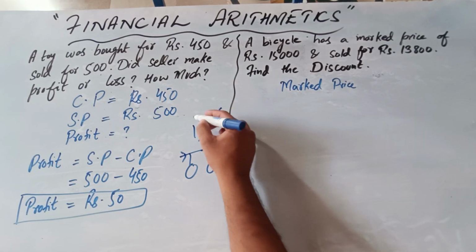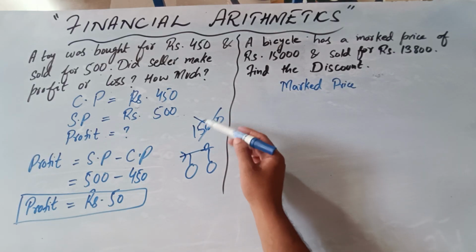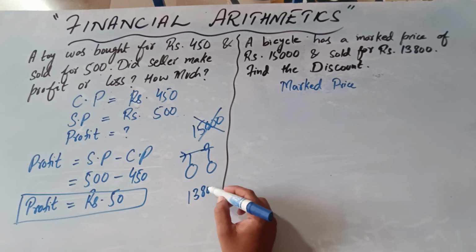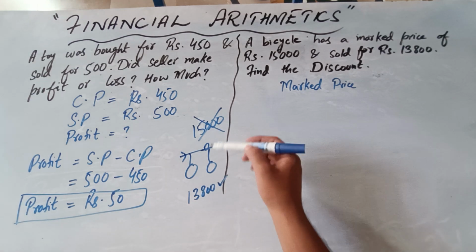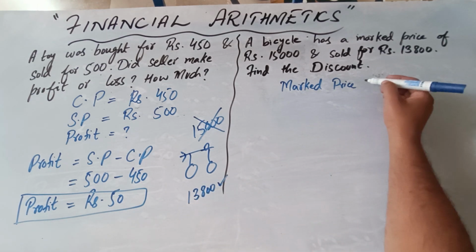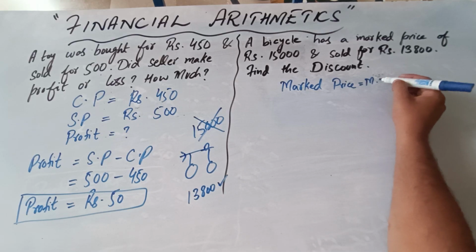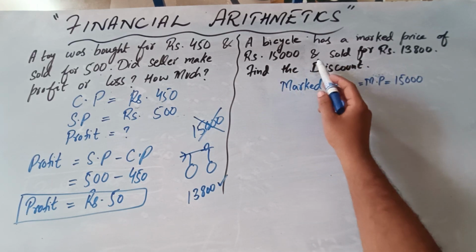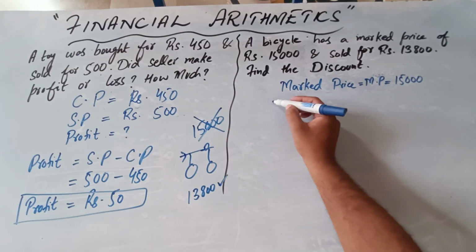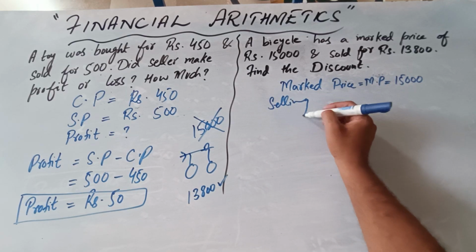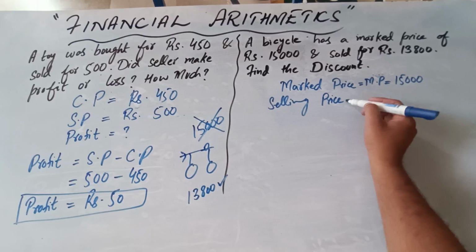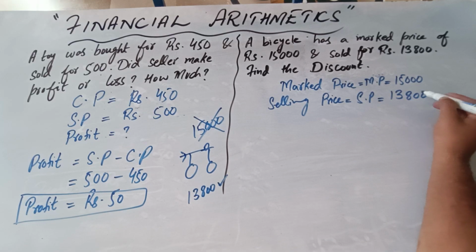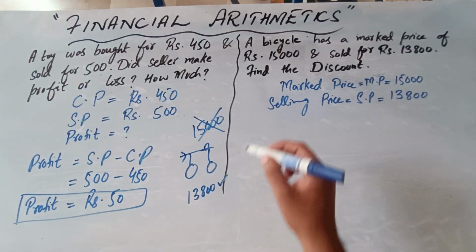You can see in the mart and in the superstore they cross the marked price and write the current price. So marked price, MP, is rupees 15,000 and sold for rupees, sold means selling price. This was the marked price, but at this price the bicycle was not sold. So selling price is different from marked price. So 13,800 is the selling price.